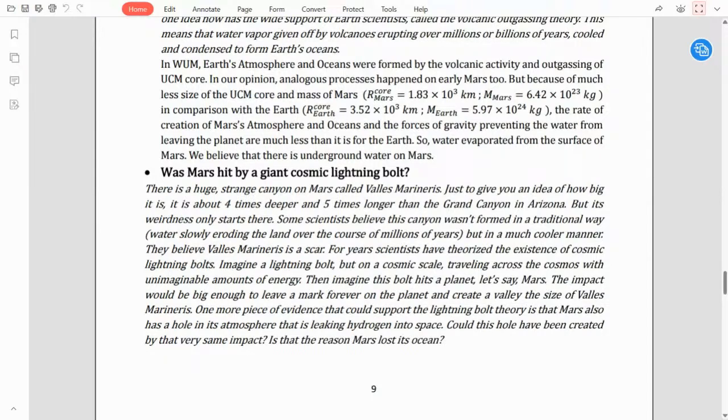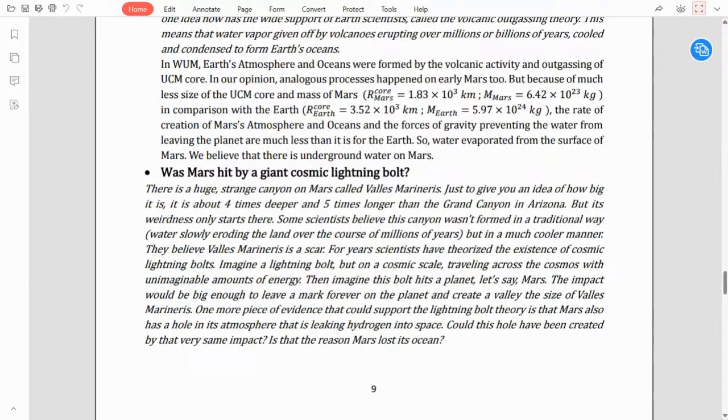But because of the much smaller size of the UCM core and mass of Mars, in comparison with the Earth, the rate of creation of the Mars atmosphere and oceans, and the forces of gravity preventing the water from leaving the planet, are much less than for the Earth. So, water evaporated from the surface of Mars. We believe that there is underground water on Mars.